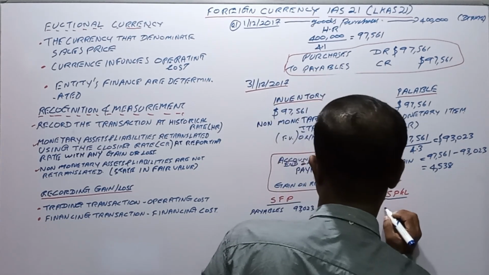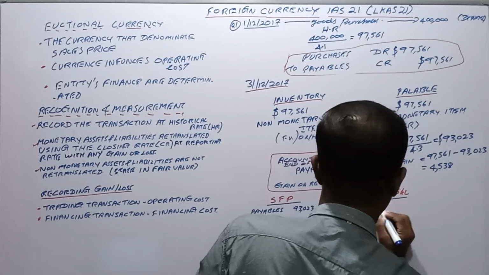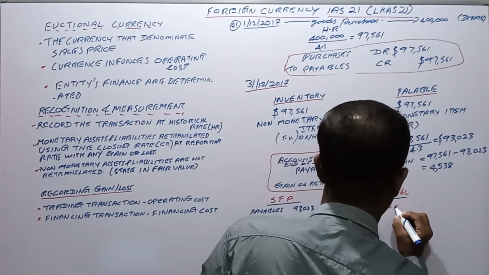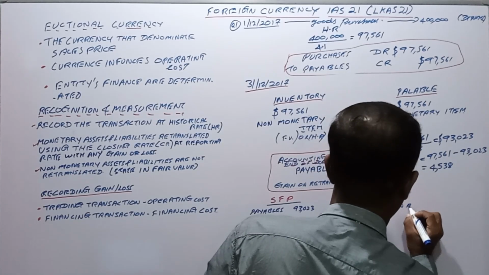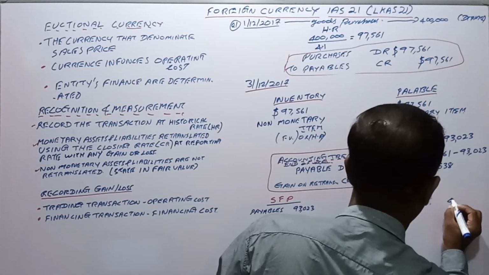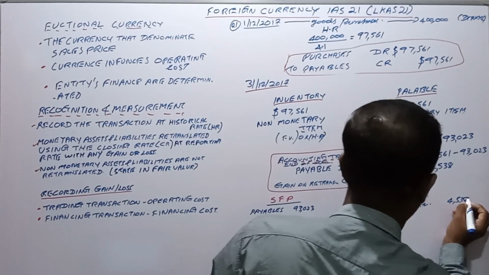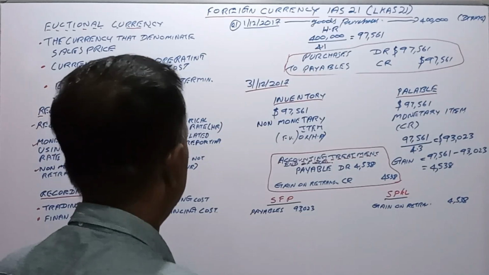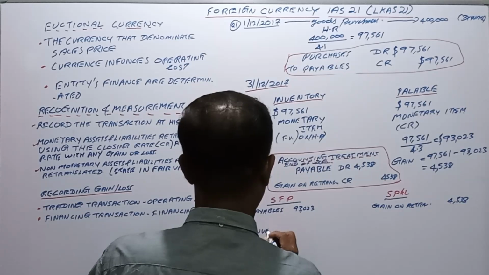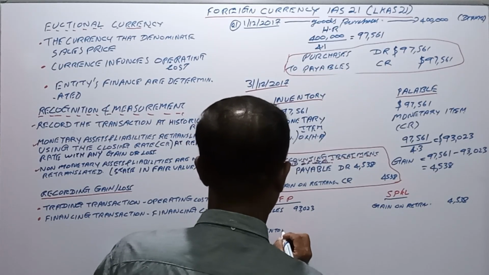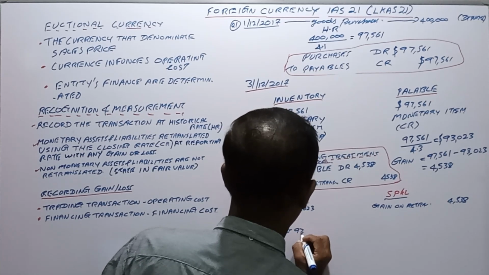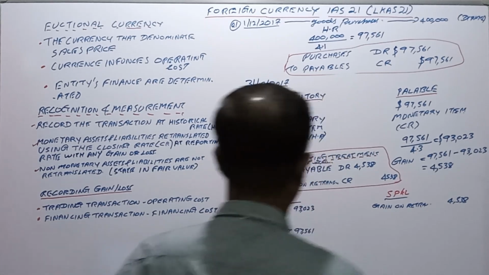Gain on retranslation is 4,538. Inventories will show 97,560.